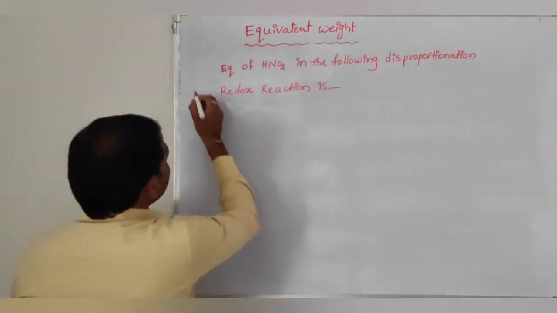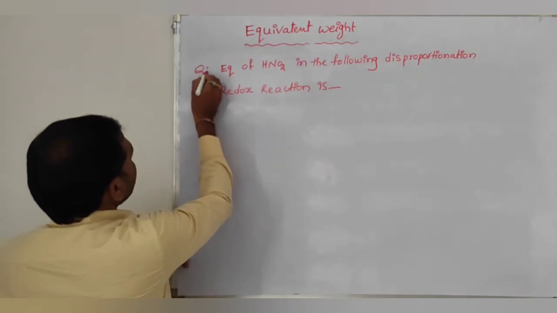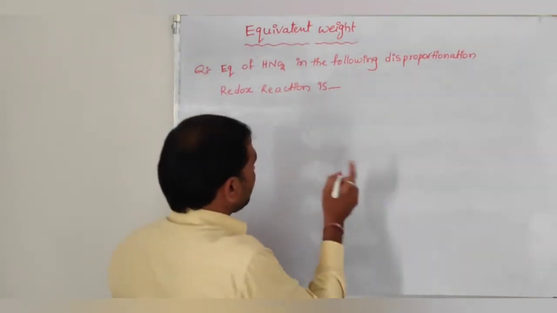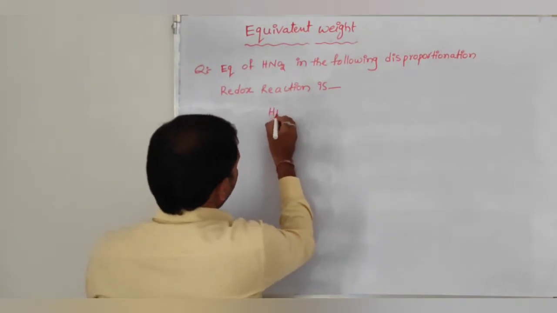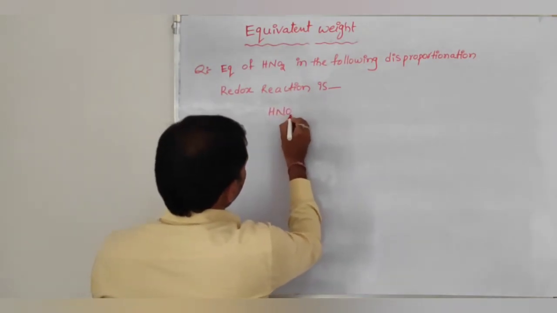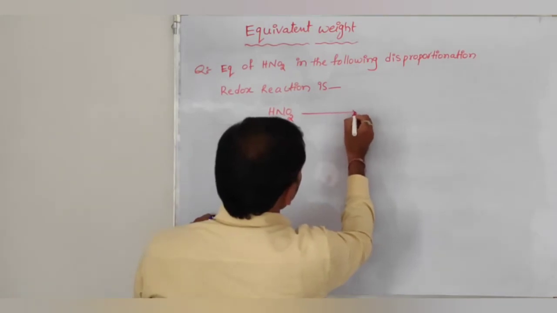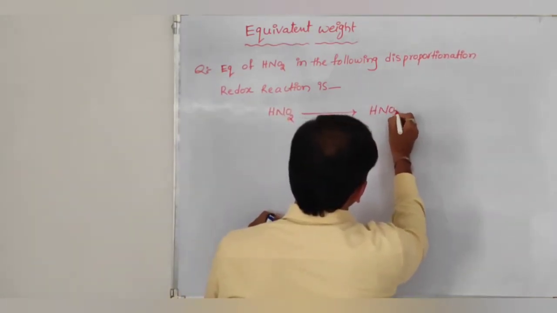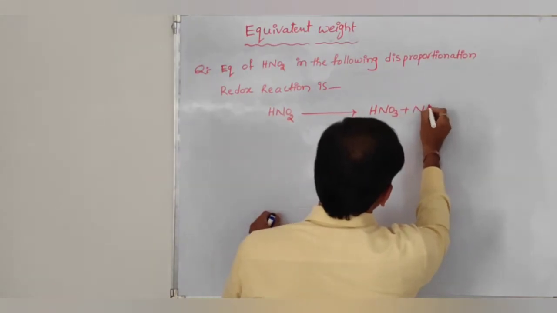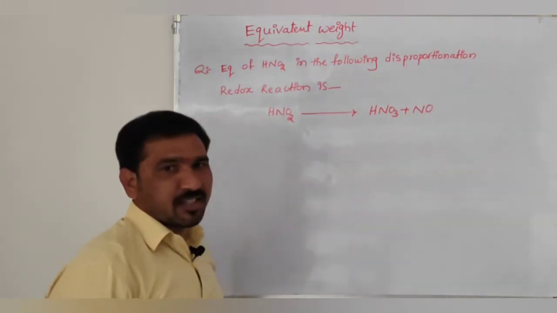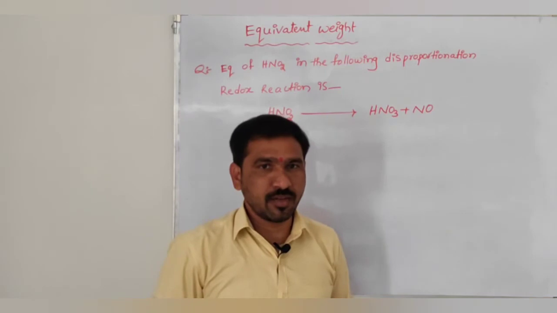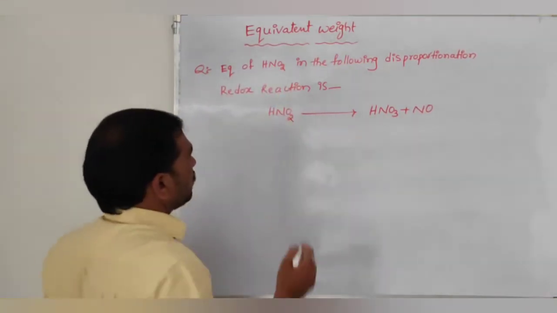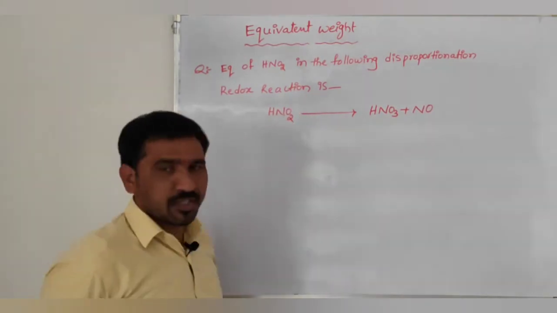So this is the question given, beta, and the following disproportionation redox reaction is also given in the question. HNO2 undergoes disproportionation as HNO3 and NO. So this is the reaction, the redox reaction also given. Then how do we calculate the equivalent weight of HNO2 which undergoes disproportionation?